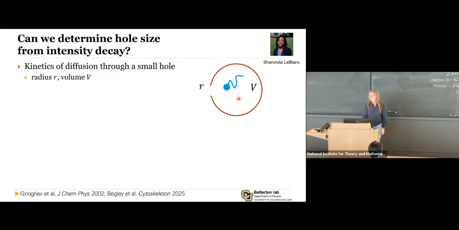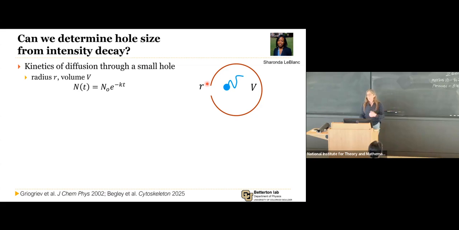Okay, so imagine we have our nucleus. It has a volume V, and there's a particle like our GFP NLS diffusing around in there. And then there's a little hole of radius r that it can escape through, right? Okay, well, guess what? This happens exponentially, right? The total intensity that would be inside will decay exponentially.